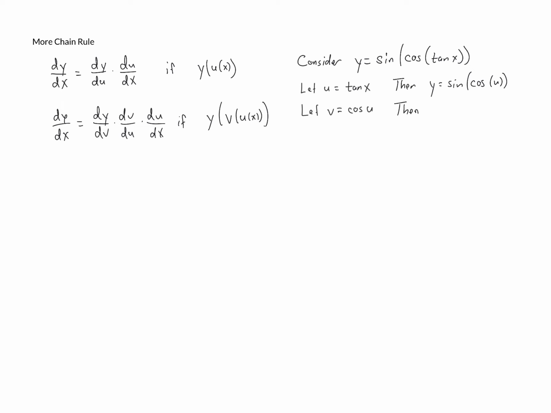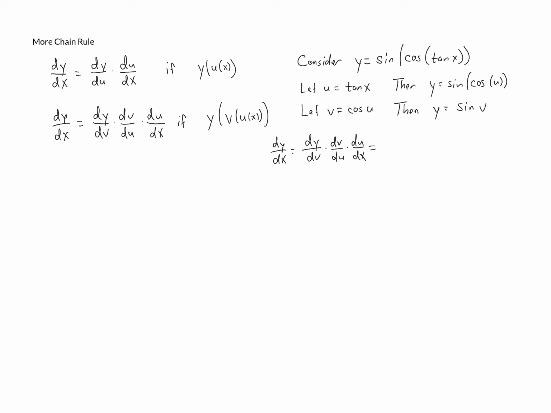If we do that, then y equals sine of v. And once we've made those substitutions, we can go through and apply the chain rule here. In that case, dy over dx is dy over dv times dv over du times du over dx.